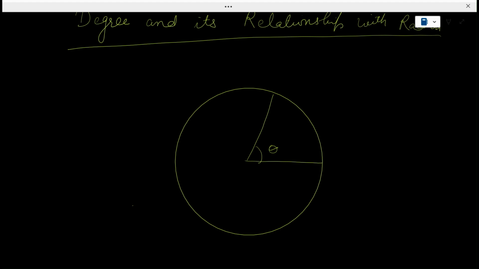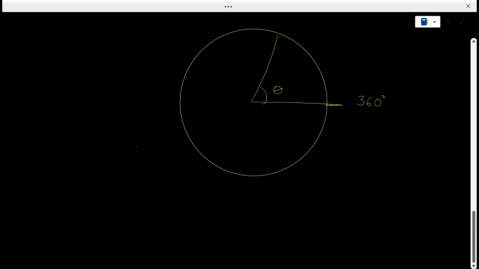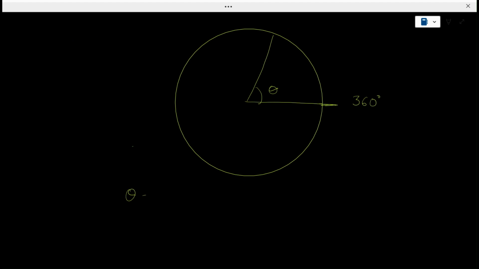The very basic concept we need to understand between degree and radian is that when we move from this reference line and complete one rotation through the circle, we complete 360 degrees of angle, that is theta in a complete circle would be 360 degrees.